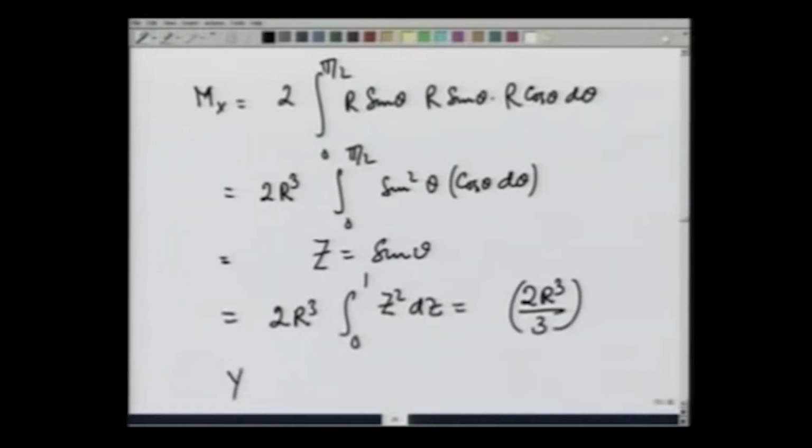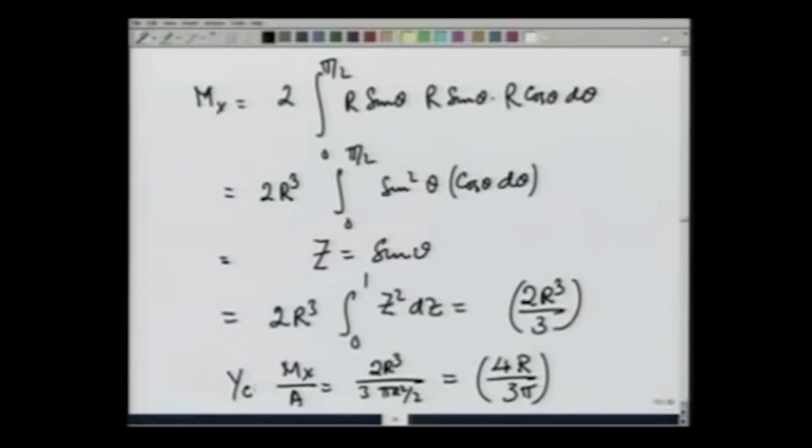That is mx, and therefore y centroid, which is mx divided by the total area, is going to be equal to 2 r cubed over 3 divided by pi r square by 2, which is nothing but 4 r over 3 pi.